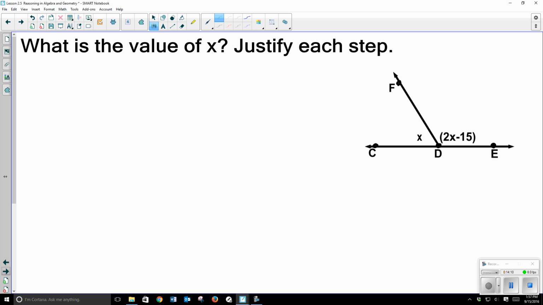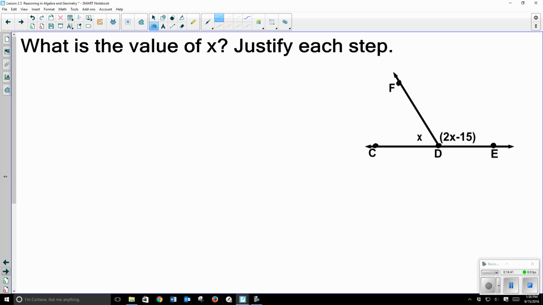Okay. Here we're going to work this problem just like a problem you worked in chapter 1. So you already know how to work the problem, but with each step we're going to justify the step. We're going to put a reason next to each step. Since this is not a formal proof, we're just going to start out with the equation. The equation is, we know that x plus 2x minus 15 equals what? They're a linear pair.